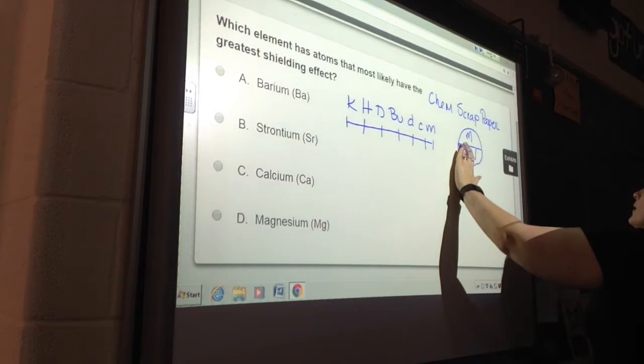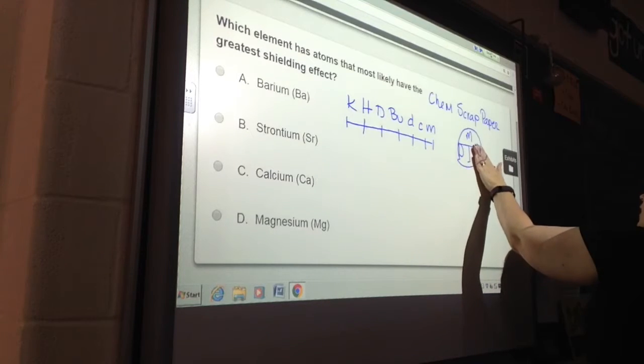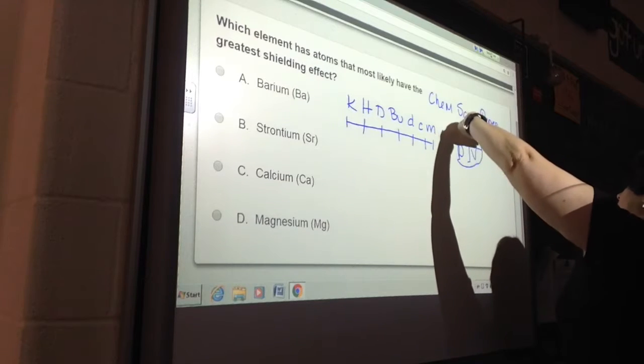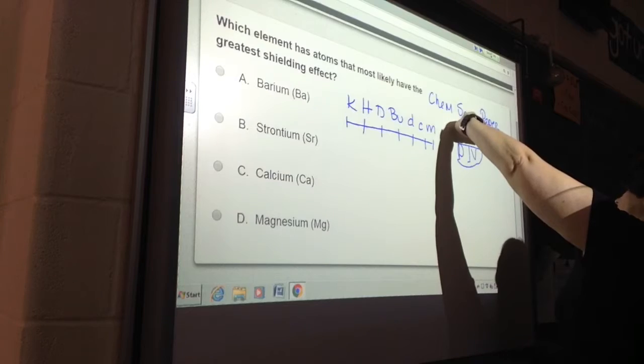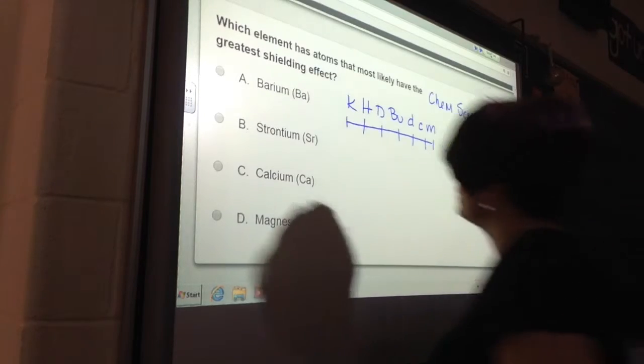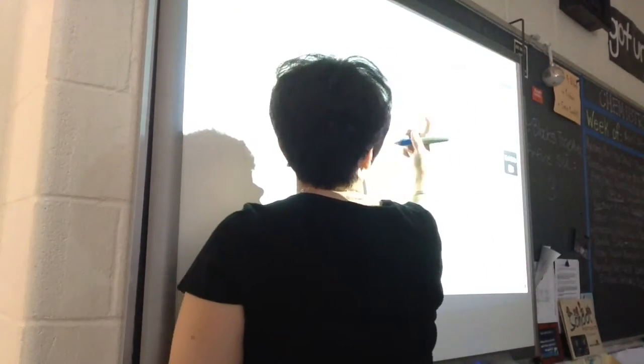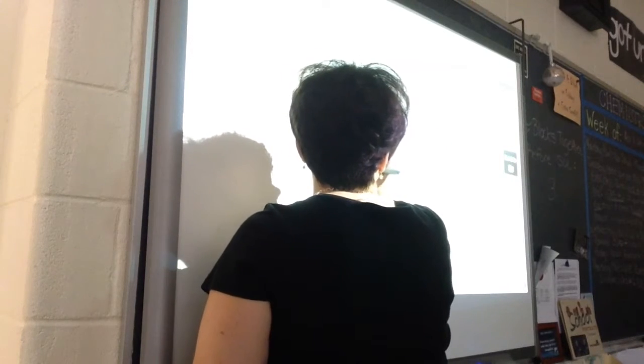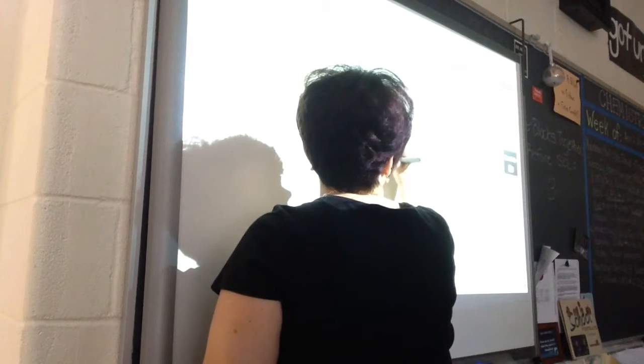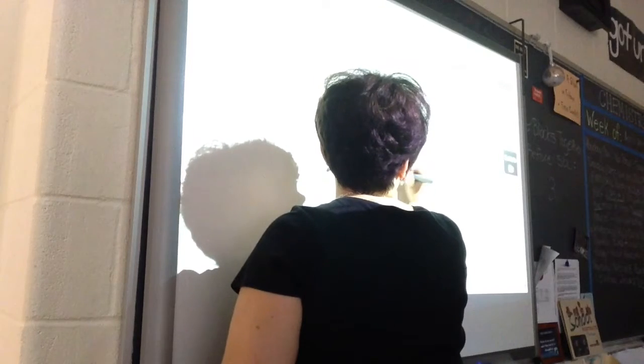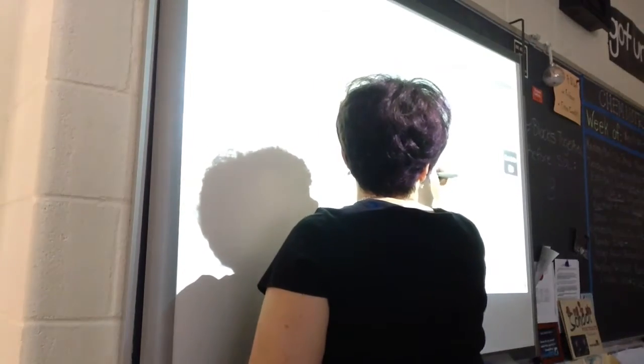D is mass over volume. If we need volume, it is mass divided by D. If we need mass, it is D times V. We've already done it once, but we're going to write it on our scrap paper. Percent error is M minus A over A times 100.